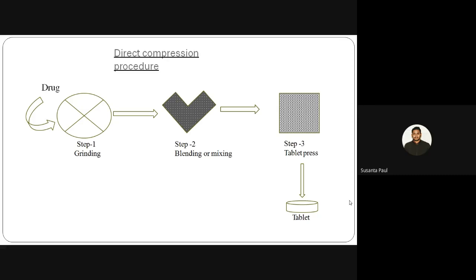Now, these slugs are broken into small pieces, which are passed through a specified sieve to collect granules of suitable size. A lubricating agent or glidant like magnesium stearate or talc can be used, and a disintegrating agent can be mixed with these granules before compression in the tablet machine. So these are the three methods by which you can prepare your granules.